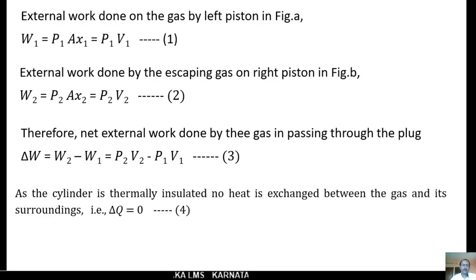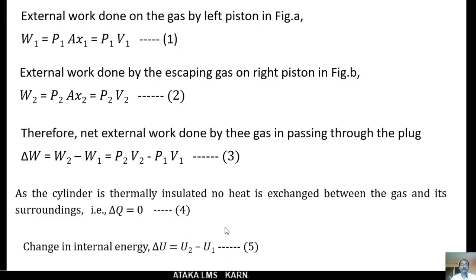As the cylinder is thermally insulated, no heat is exchanged between the gas and its surroundings, so delta Q equals 0. Equation 4. Then the change in internal energy is delta U equals U2 minus U1. Let it be equation 5.